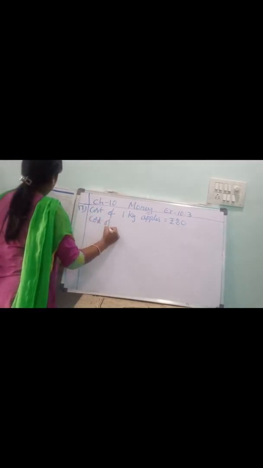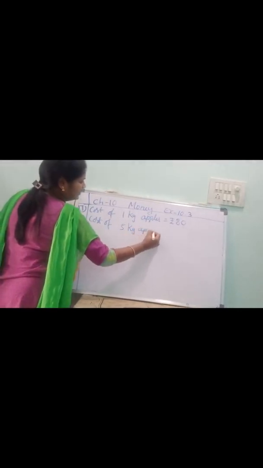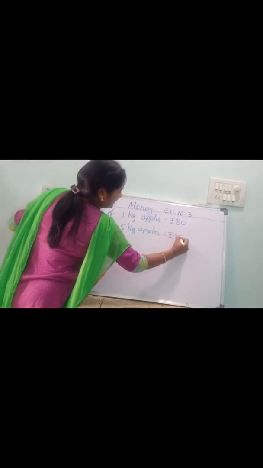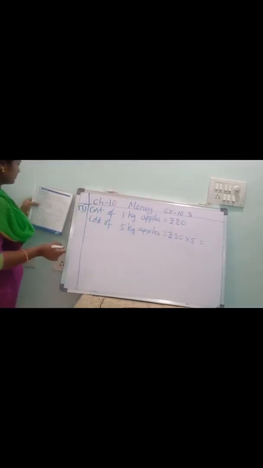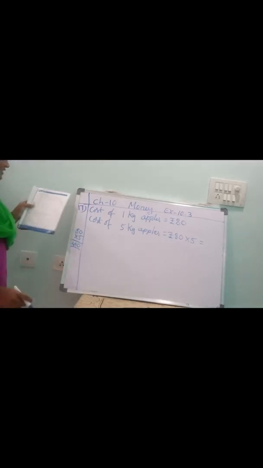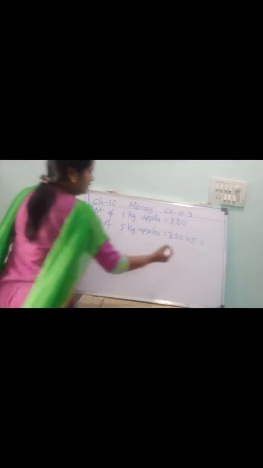Cost of 5 kgs apples is equal to rupees 80 into 5. 80 into 5. 5 zeros are 0. 5 eights are 40. What is the cost of 5 kgs apples? 400 rupees.